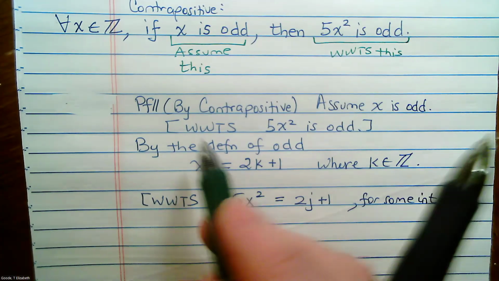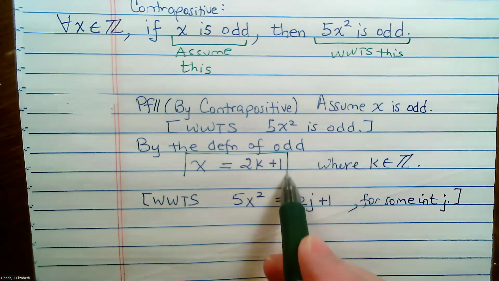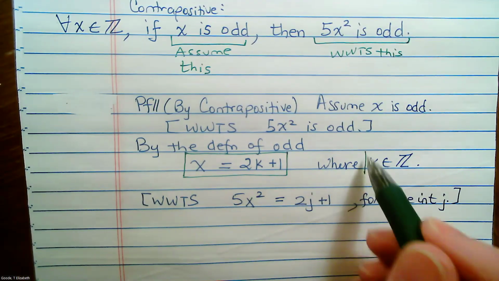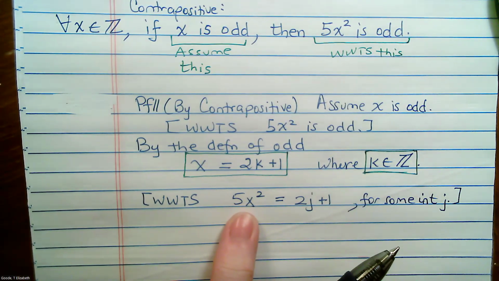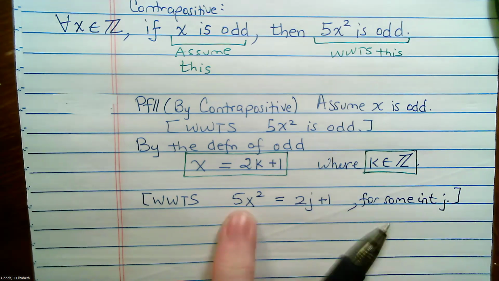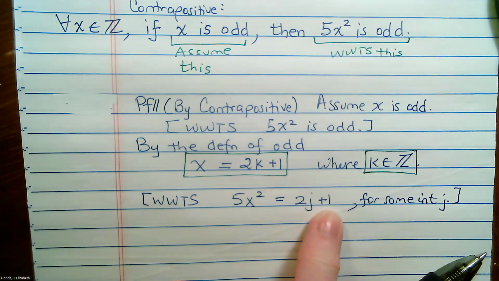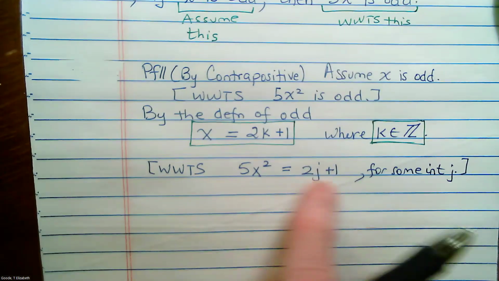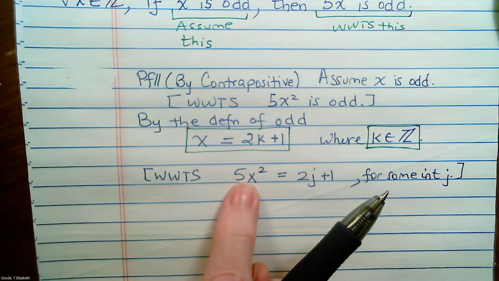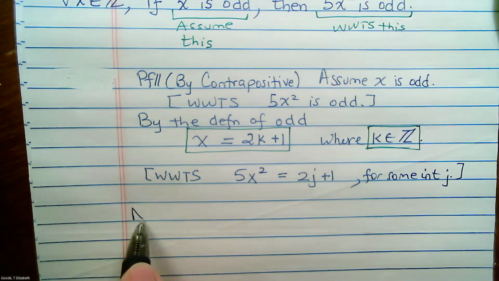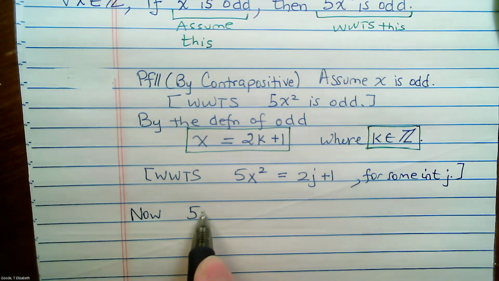We have an equation for x. Because it was odd, we know it looks like this, and we know something about k. And now we want to say something smart about 5x squared. That's the nice thing about putting the wish down a little deeper. Investigating that wish helps us realize we've got to look at 5x squared. So let's look at 5x squared.